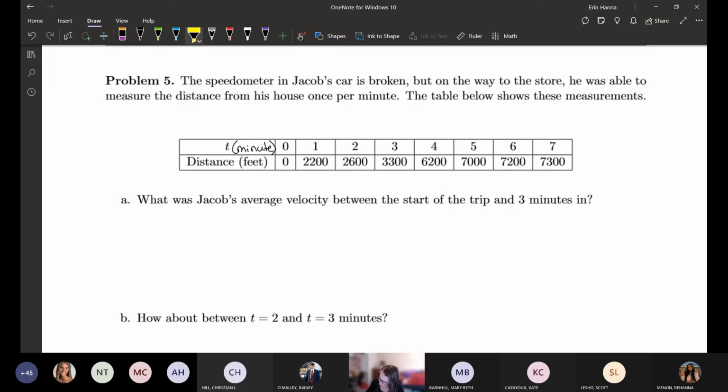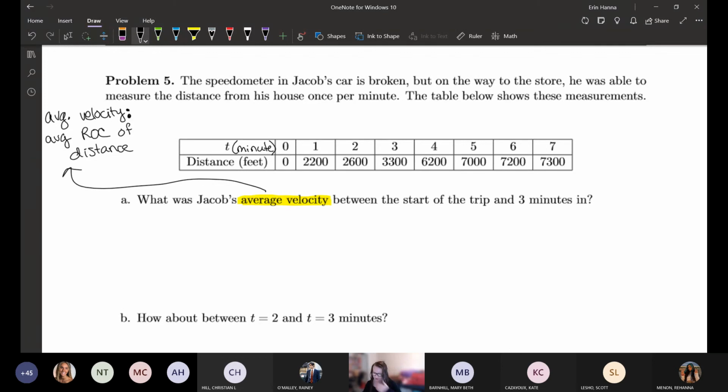So one thing I want to point out very quickly before we do this one is the phrase average velocity. Average velocity is the exact same thing as the average rate of change of distance.